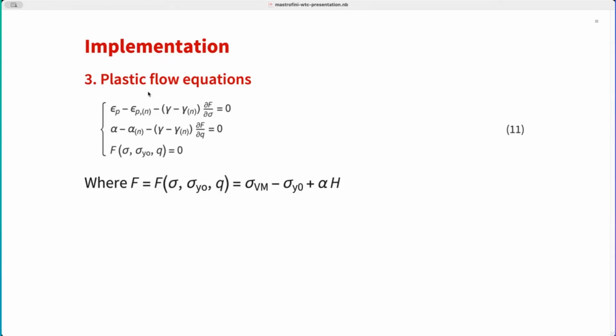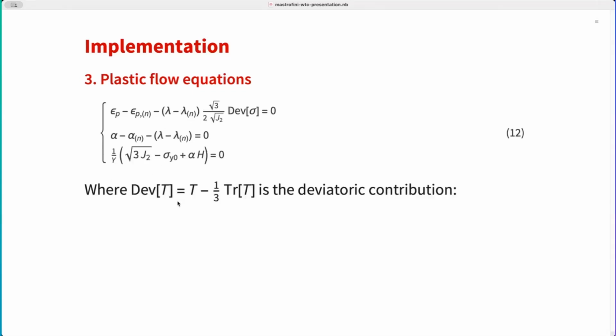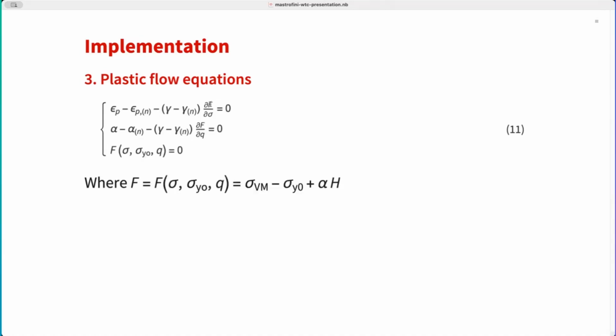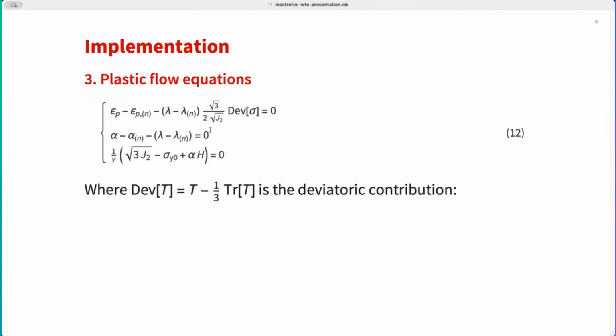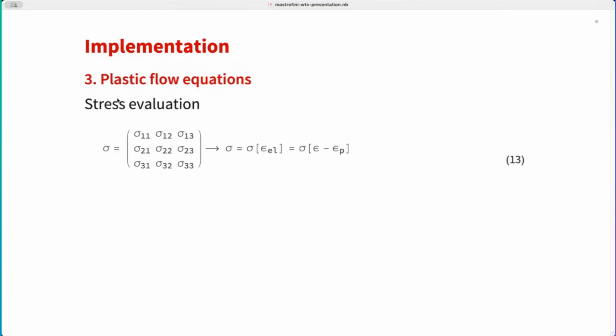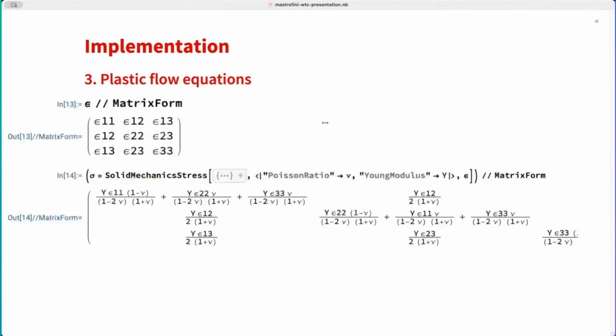In particular, we can start with the von Mises criterion that gives us a yielding function like that. By deriving this yielding function with respect to the stress and to the back stress, we can obtain a relation like that. And it's important to notice that here the stress contains implicitly also the plastic variable, because in general stress evaluation, the stress can be seen as a function of the elastic strain. In this case, we are considering both the elastic strain and plastic strain, so the stress is a function of the total strain minus the plastic strain.